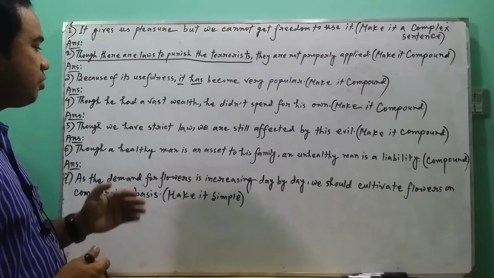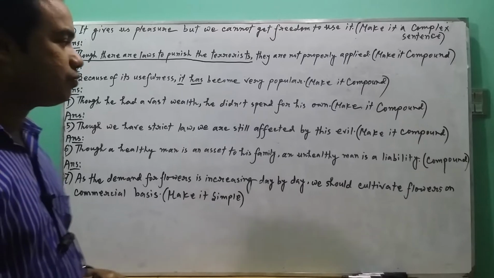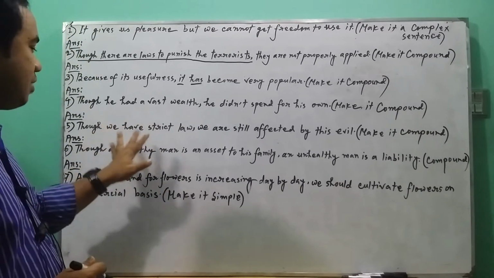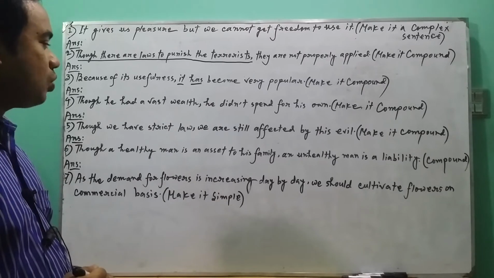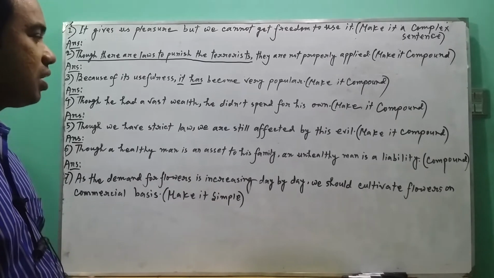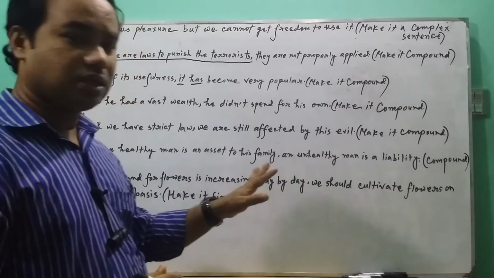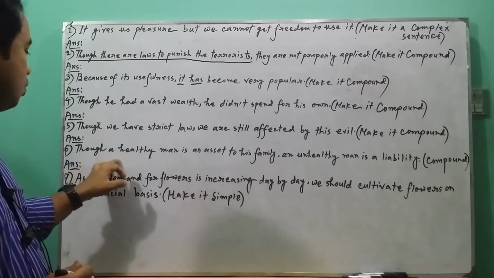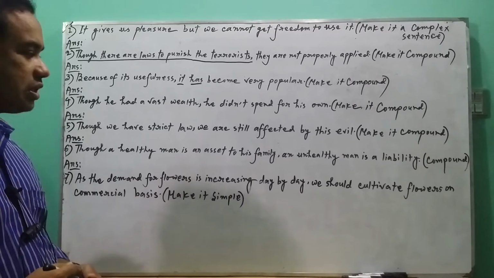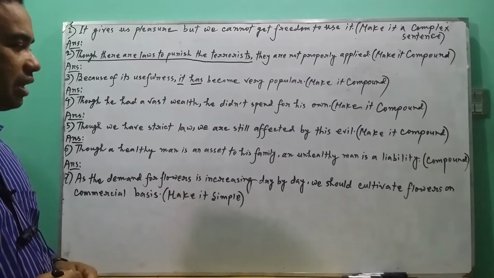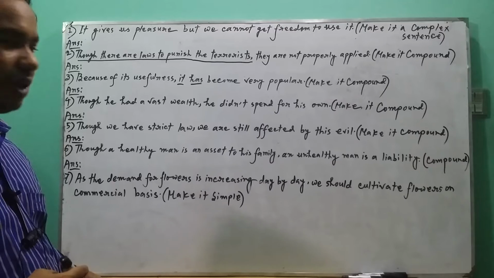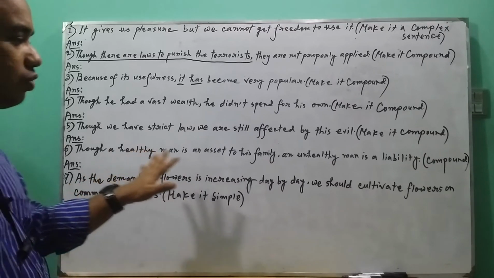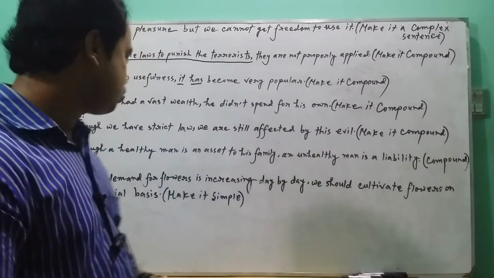Though he had a vast wealth, he didn't spend for his own. This is also a complex sentence. Though we have strict laws, we are still affected by this evil. This is also a complex sentence, right? Then, though a healthy man is an asset to his family, an unhealthy man is a liability. This is a complex sentence, and we are told to make this a compound one.